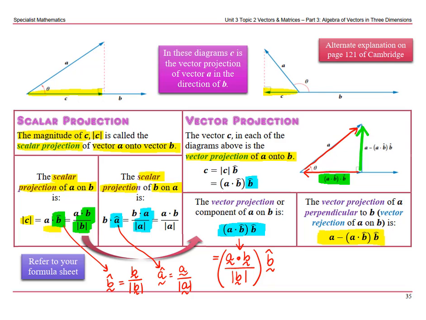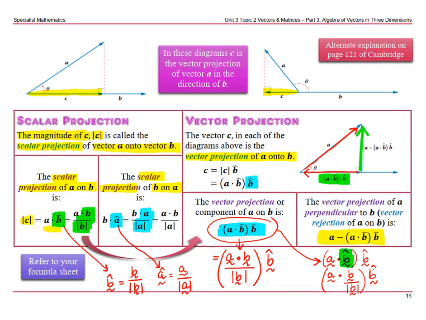Okay, so looking at this next formula here for the vector projection of, or component of, A on B. You have A and the unit vector of B as a dot product, times the unit vector of B. All we're doing is replacing this unit vector of B with B on the magnitude of B. So you don't have to remember lots of formulas.